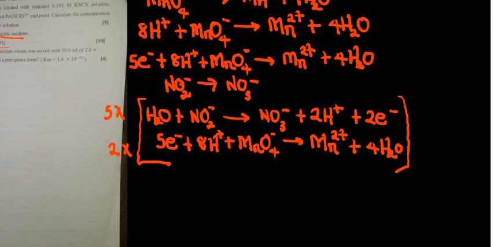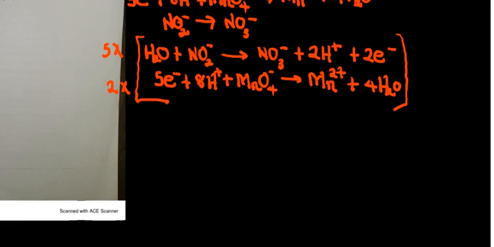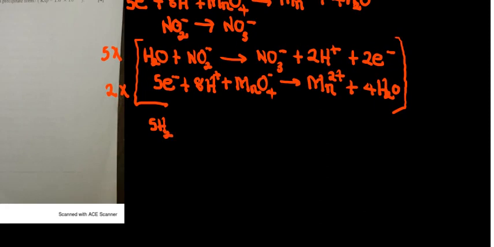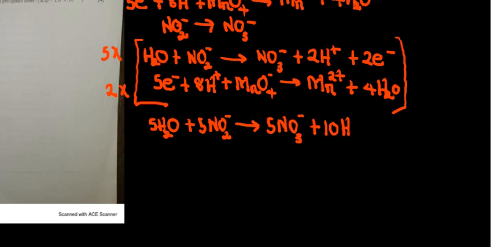So let's work it out. After doing that, I'm going to have 5 water molecules, plus the 5 NO2, 5 NO3, plus 5 times 2. There's a ratio of 2 here, so the 2 will be affected by the 5. We're going to have 10 H plus 10 electrons.